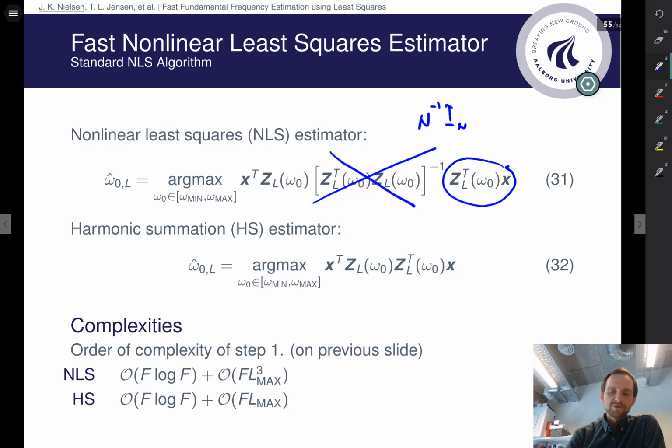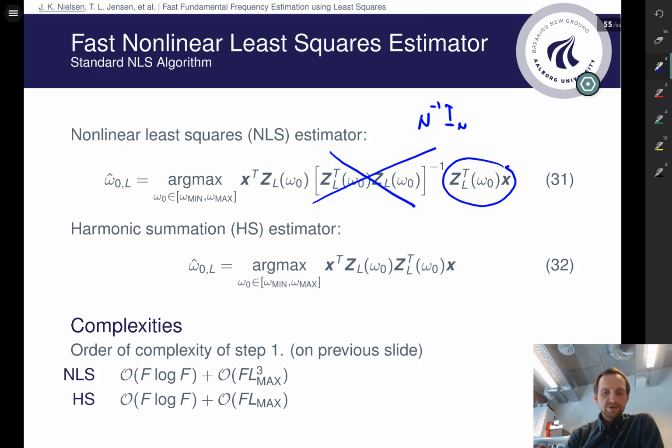The cube part comes from the inverse here, and f L_max comes from the fact that we have to compute this for all the candidate fundamental frequencies. In 32, since we don't have to compute this inverse, the complexity goes down.